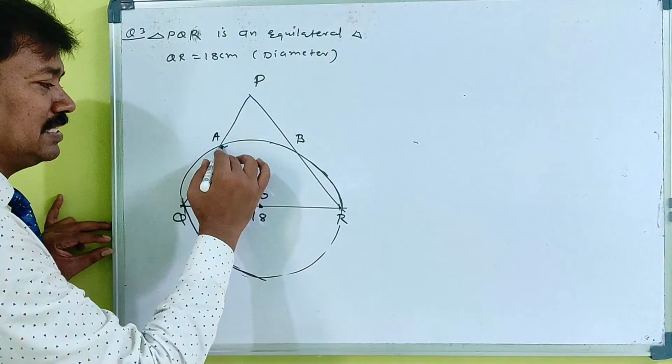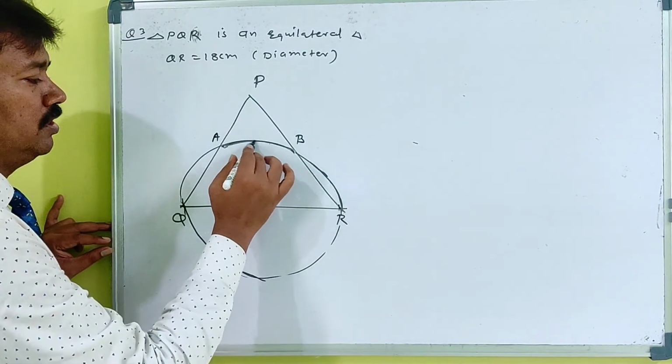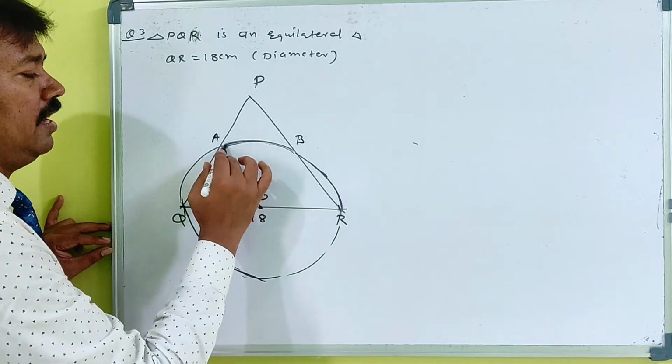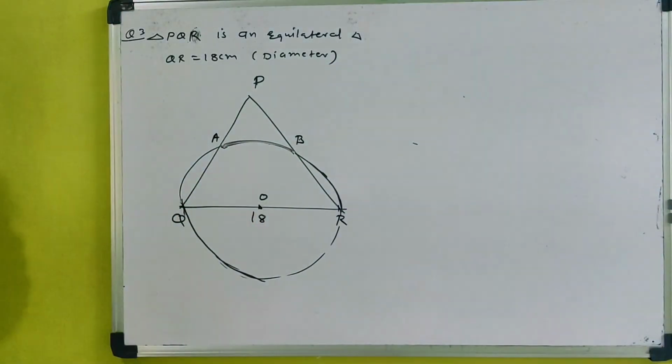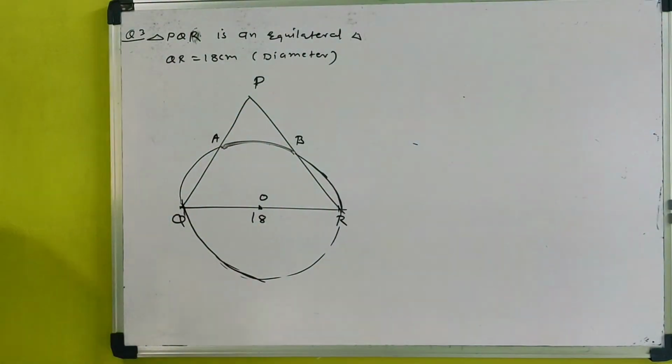So what is the length of this arc here, which is inscribed in the triangle? ये length आपको question में पूछा है. So what is this length? The arc AB पूछा है, that is inscribed in this. आई बात समझ में? This is the question here.